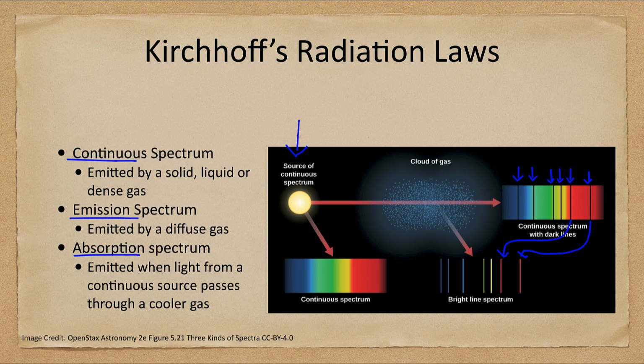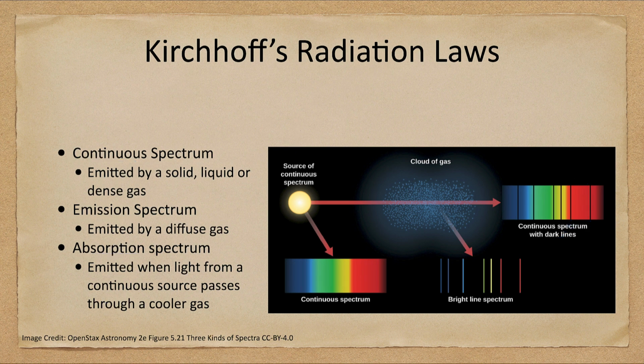And we will look at that in a little more detail in the next lecture, because it has to do with the amount of energy needed to produce each line. Some elements are very tough to excite and cause to give off their lines, so they take more energy. So a very cool object would not be able to show those, even if there was a lot of that element that happened to be present.